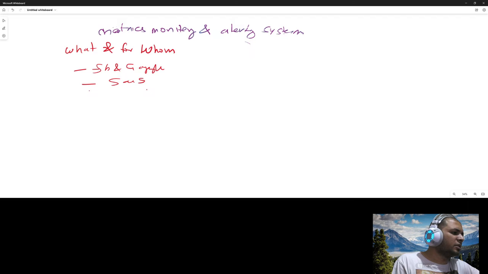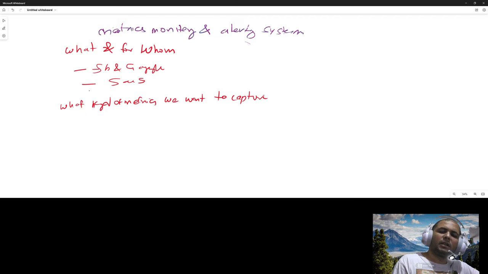The second question is what metrics we want to capture. We want to capture operational metrics. This can be low level usage of the operating system, such as CPU, memory usage, and disk space. There can be high level concepts such as requests per second of a service or running server count of a web pool.